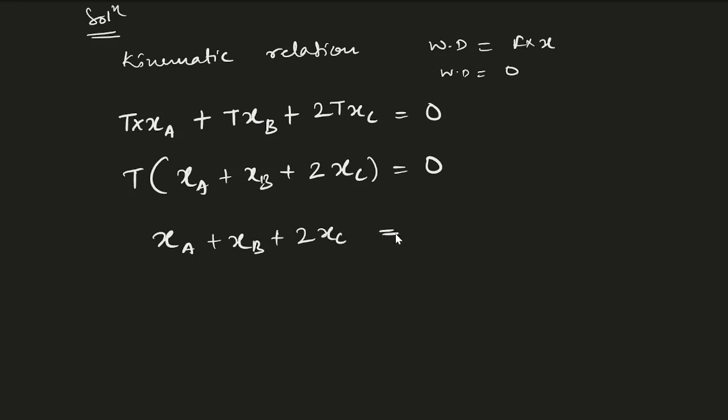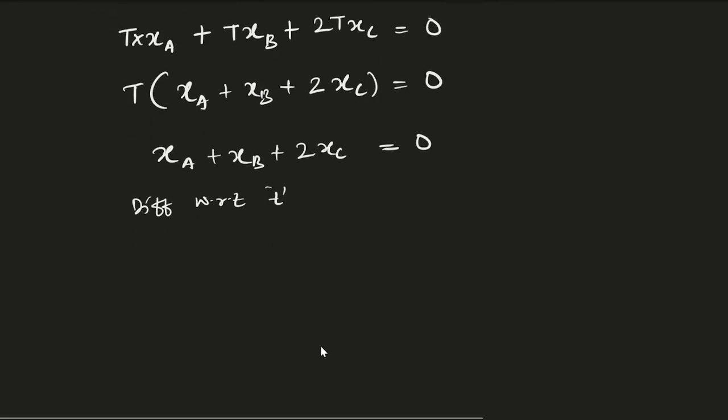If you see, this is our kinematic equation and it's in the form of displacement. So I'm going to differentiate with respect to T. Why am I differentiating? Because if I differentiate this with respect to T, I will get VA plus VB plus 2VC equal to 0.